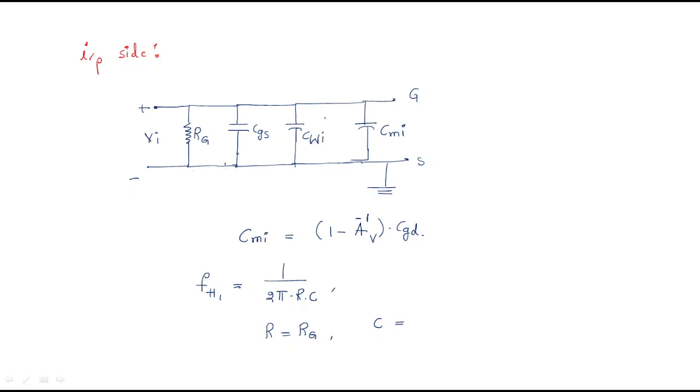Whenever capacitances are connected in parallel, the total capacitance is added, that means CGS plus CWI plus CMI. So this is the high frequency for the input side.